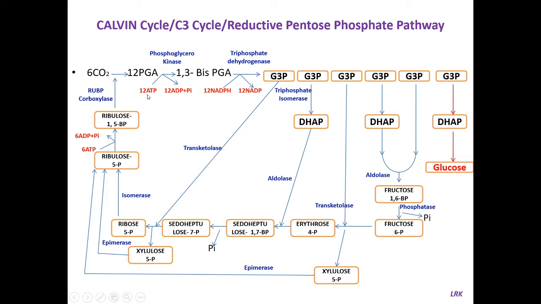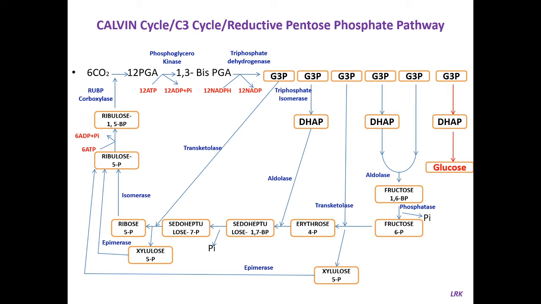Okay, here ATP is utilized. See, for 6 carbon dioxides, 6 RuBP are utilized. As a result, 12 PGA are formed. For each PGA, 1 ATP. So a total of 12 ATP are utilized for phosphorylating this PGA. The resulting product is 1,3-bisphosphoglyceric acid.